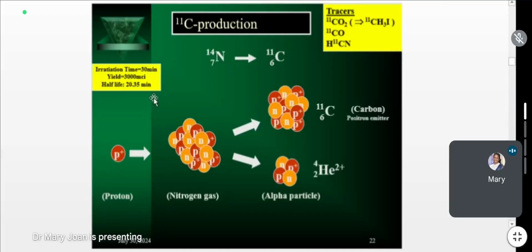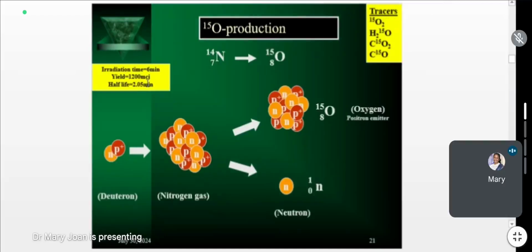Depending on the distance from the site of production to the place of use, you need to have much more activity in case the half-life is less. So this 3000 millicurie is not a huge amount when it is carbon 11 with a half-life of 20 minutes or oxygen 15 with a 2 minute half-life. In 2 minutes, this 1200 millicurie will become 600 millicurie. So that is how it is.